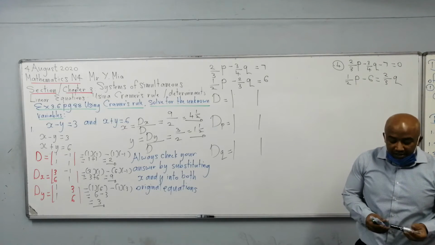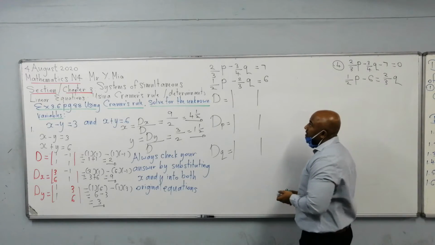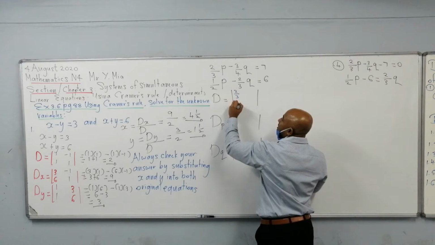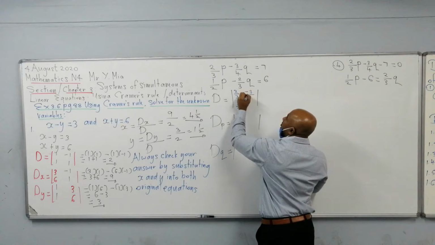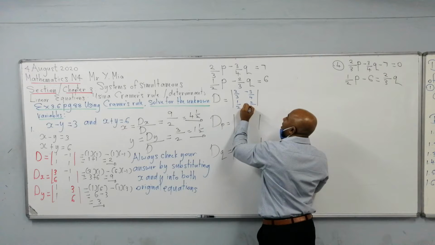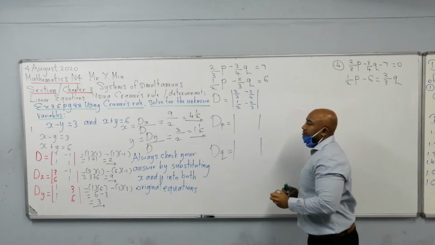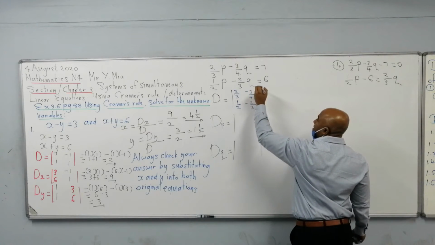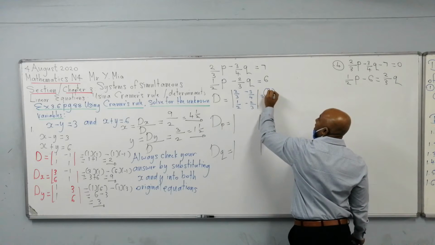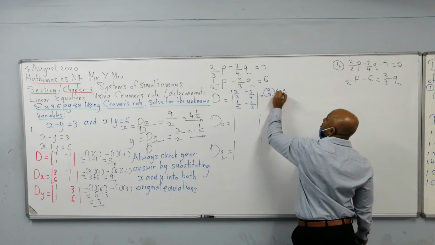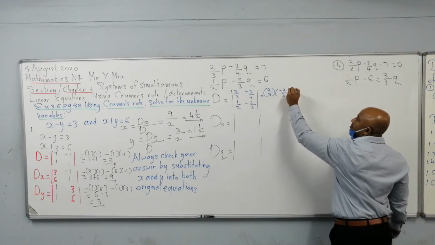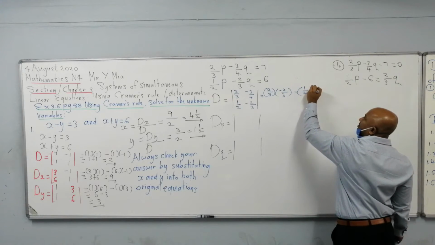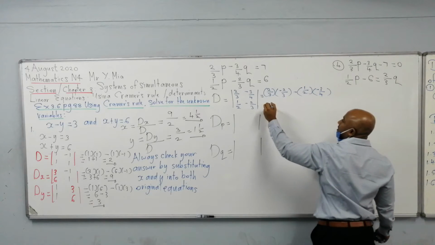So D is the determinant of coefficients. So the coefficients of P are 2 over 3, 1 over 2, and of Q, minus 3 over 4, minus 2 over 3. Right, now evaluate it. So that's going to be 2 over 3 times minus 2 over 3 minus 1 over 2 times minus 3 over 4.